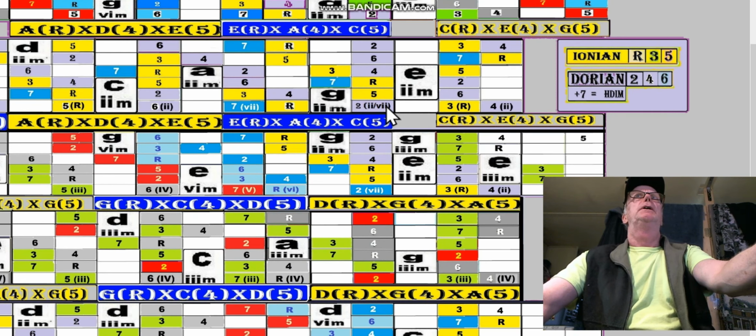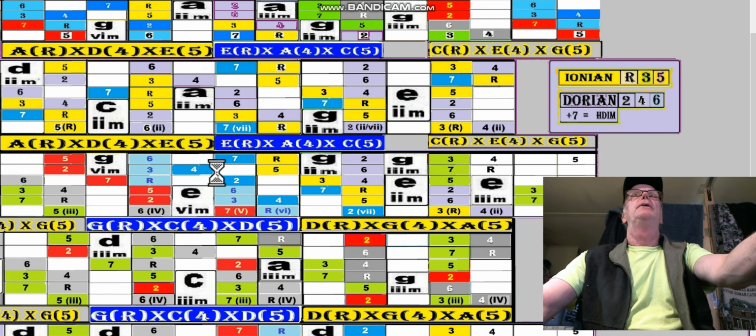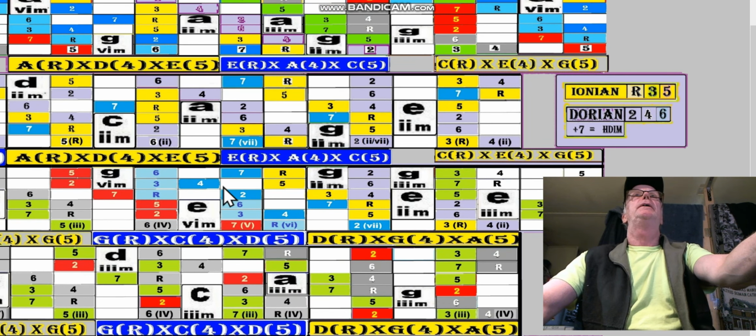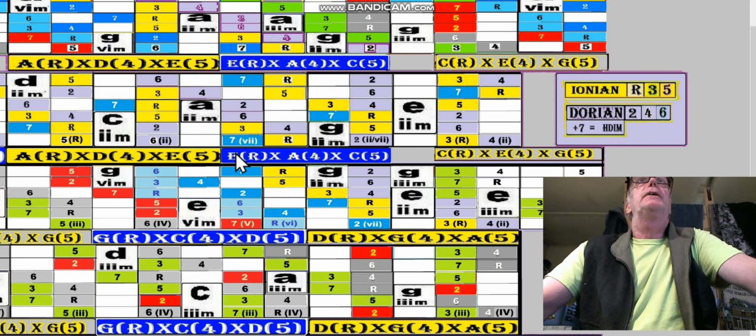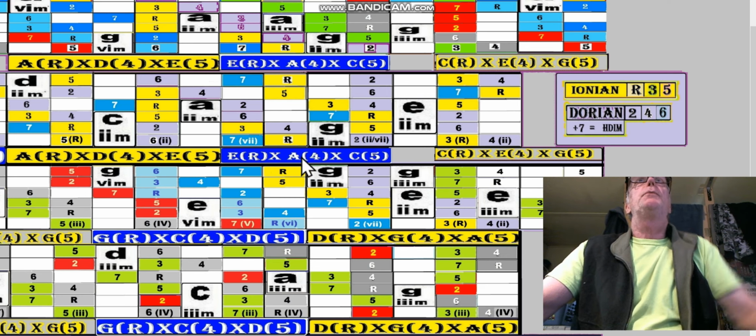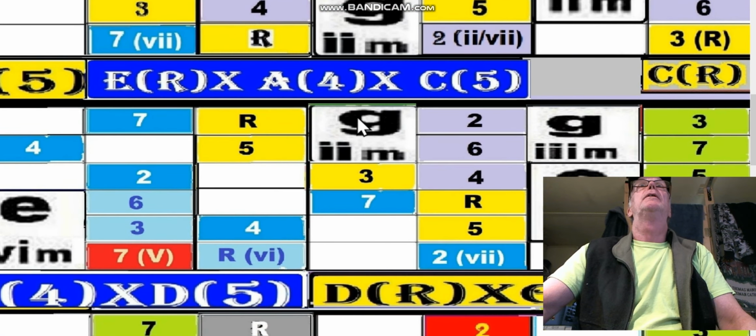E-shaped. Now, by the way, we're looking for E major. Okay, so it's got to be E root. So now we know where that guy is. We know where E-shaped root is. Right there. So this is the one we're looking at right here. We'll zoom in on it.